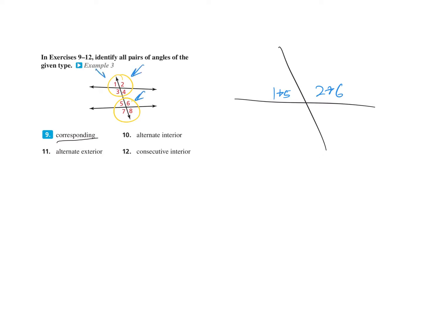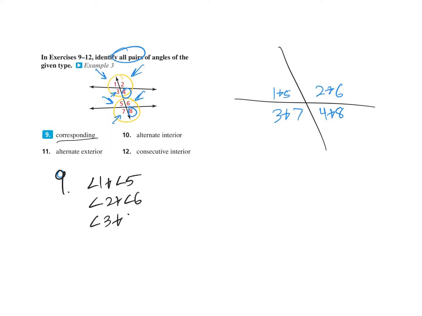Then you have 3 and 7 in the left lower position. And then you have 8 and 4 in the lower right position. So corresponding angles, all the pairs, it says all the pairs. So for number 9, you would say angle 1 and angle 5, angle 2 and angle 6, angle 3 and angle 7, and angle 4 and angle 8. That's what you need to do.